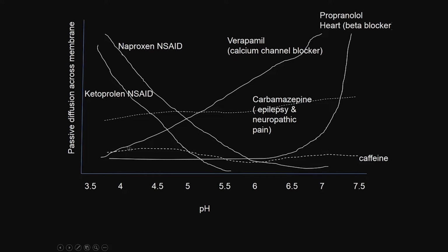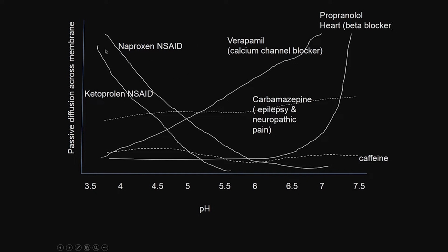If you look at caffeine, diffusion is very low, whether it is acidic or whether it is basic, and same thing with carbamazepine, used for epilepsy and neuropathic pain. It is a higher number, but it does not change much with the pH condition. So, you need to understand what is the favorable pH for it to diffuse.